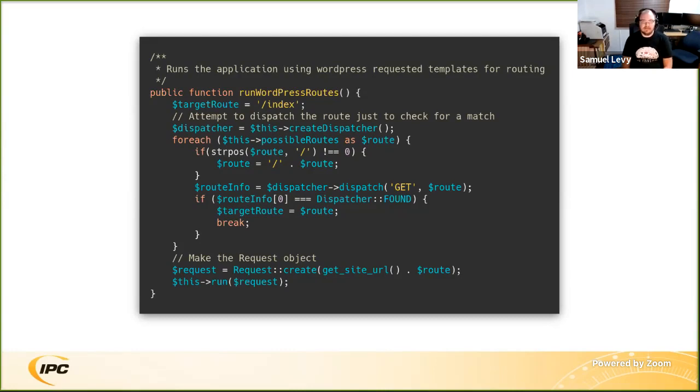If the dispatcher can't find the route, then we just keep moving on until we find one. And if we can't find it, we fall back to the index route. And once we have found that route, we create a new request, which has just the route that we were after, and we run the application with that request.